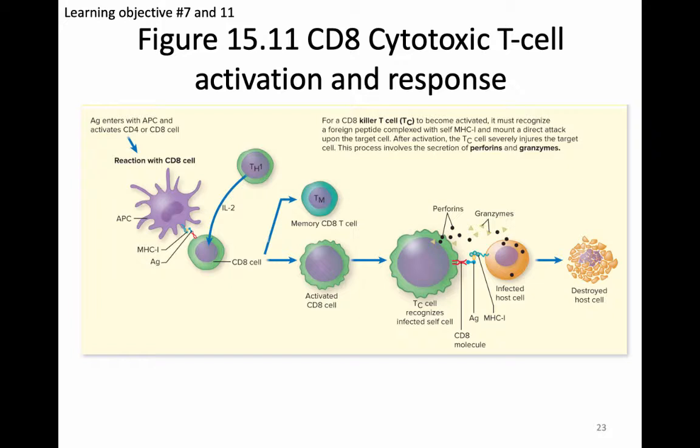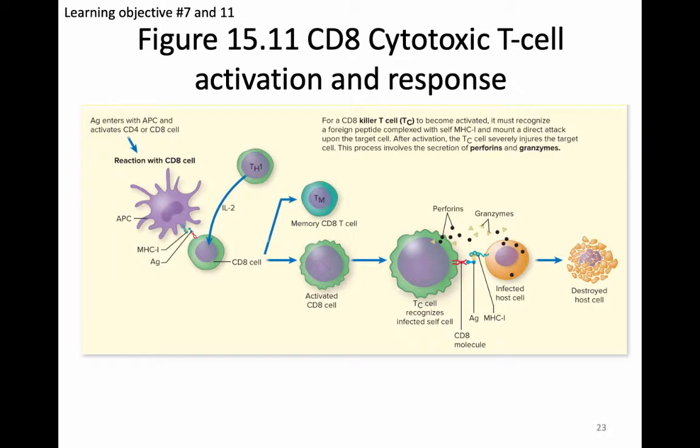In this case, we have an antigen that has invaded the host and also has invaded a host cell. The cell that is infected with the endogenous antigen will process the antigen and present it on MHC type 1, as this antigen-presenting cell is doing.